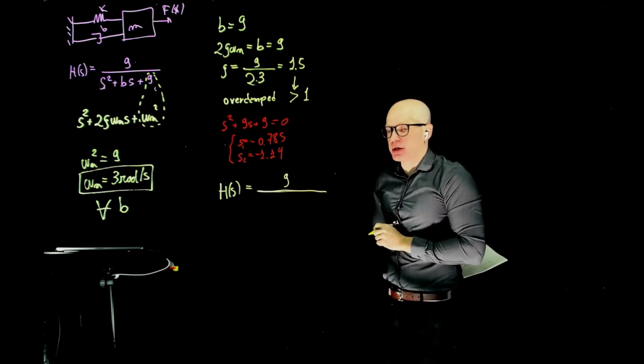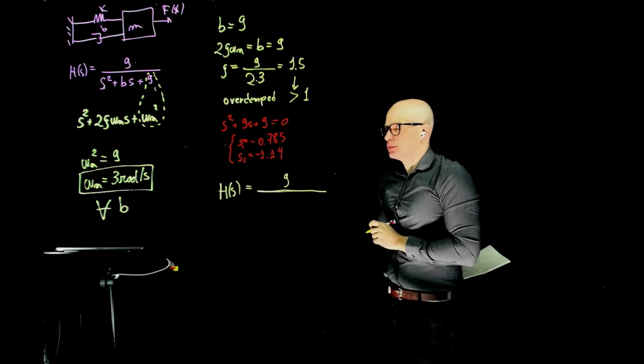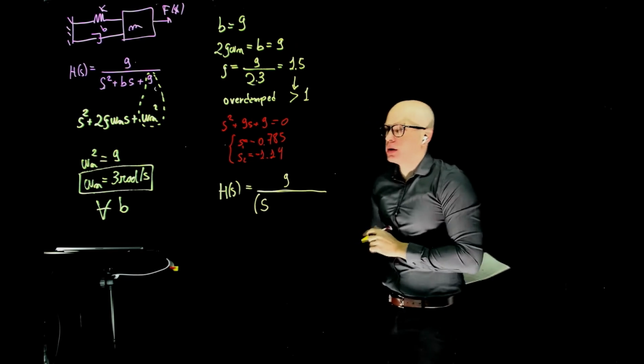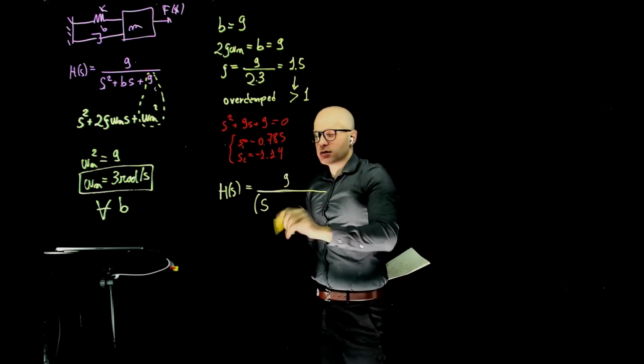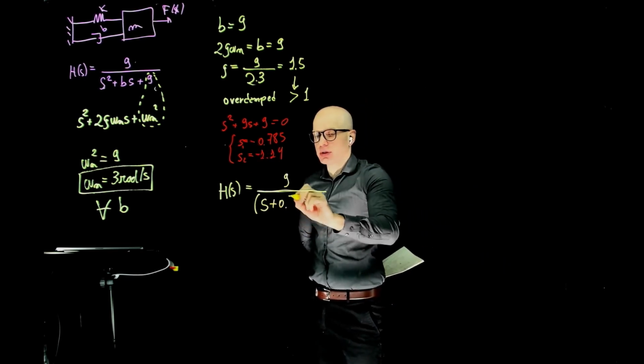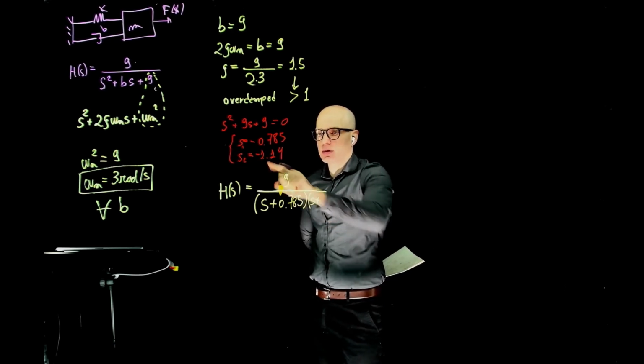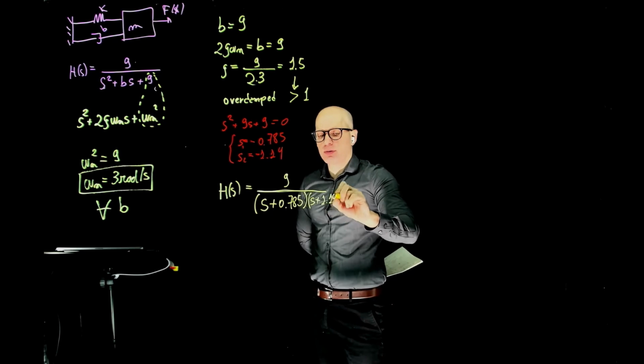What do I put in the denominator? S minus this, so plus 0.785, S plus 1.14.